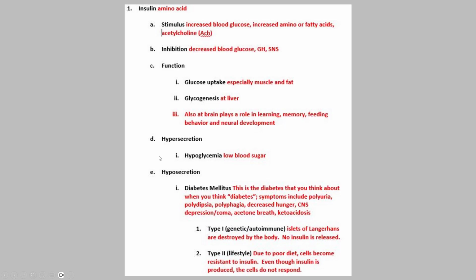But the one that we're more familiar with is hyposecretion. What happens if we either do not produce enough insulin, or if we produce insulin but the cells do not respond to it? So hyposecretion of insulin causes diabetes mellitus. Diabetes mellitus.